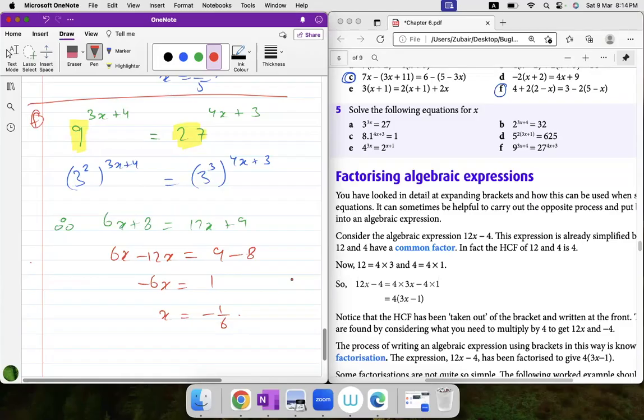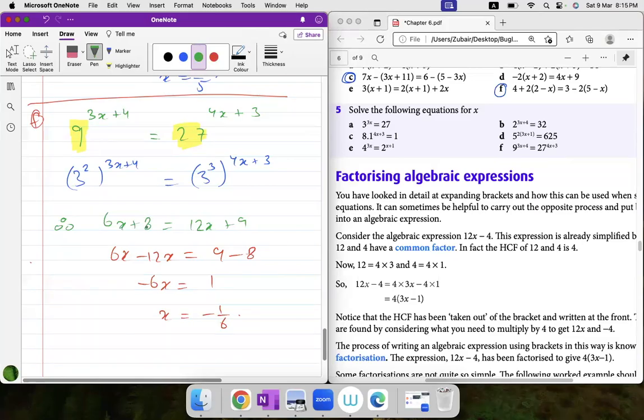17/6. Negative 17/6. I got 6x, like we have 17 over... We have different signs for 8 and 9. 8 was positive on the left side and 3 is positive on the right side.